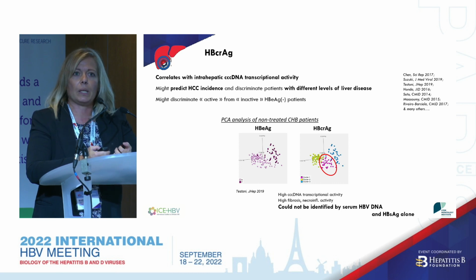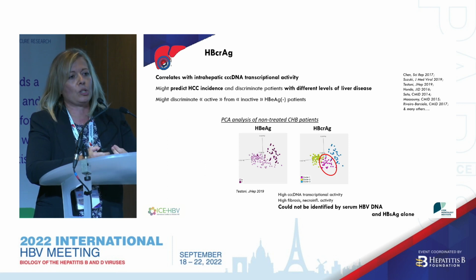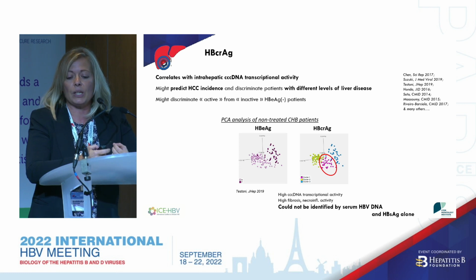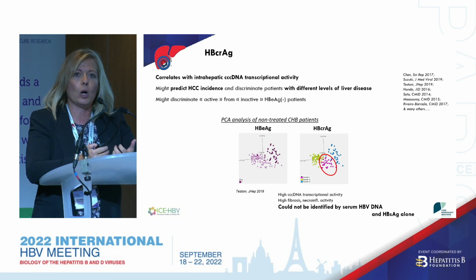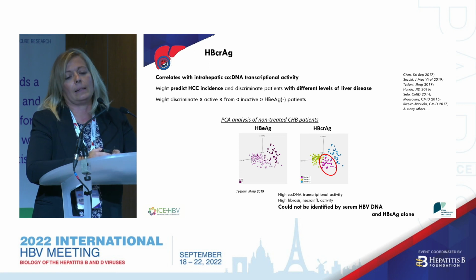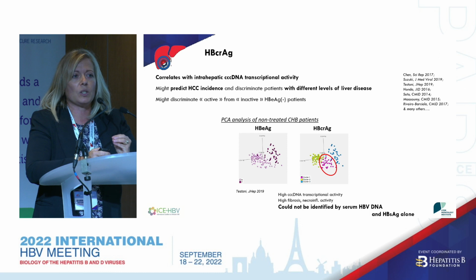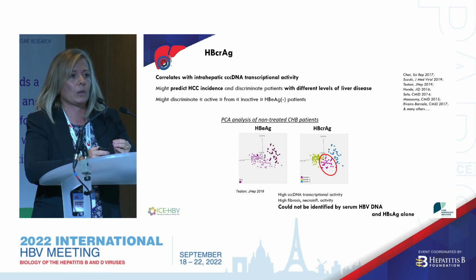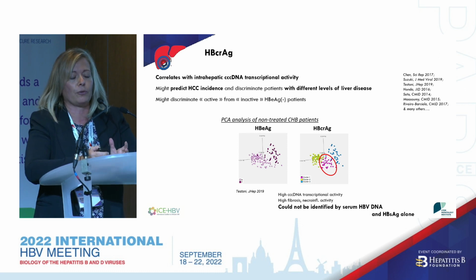I believe it is able to identify a subset of patients, in particular within the HBeAg-negative patients, that cannot be identified only by HBs and levels of HBV DNA. The characteristics of these patients are to be explored because it's not very clear from what we have now.